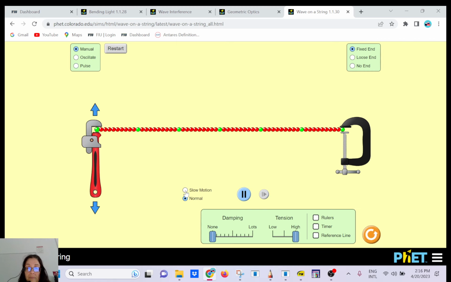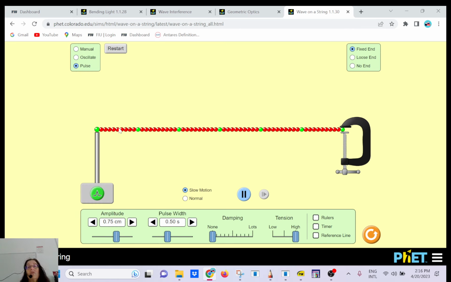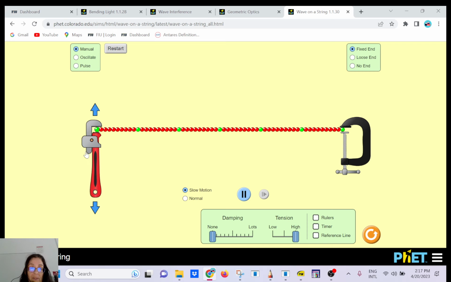I'm going to pulse. Look what happens when you have an incident wave interfering with a reflected wave. If I'm hitting the right frequency, you're going to get what we call a standing wave.